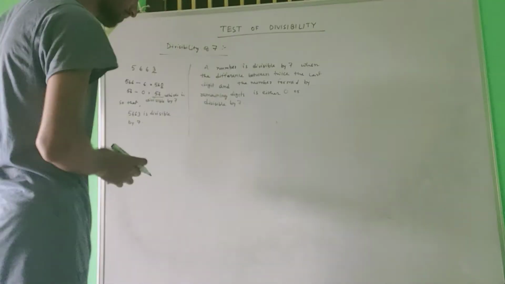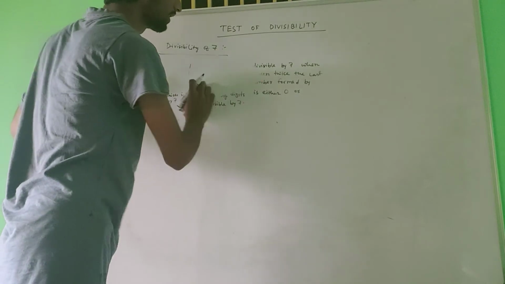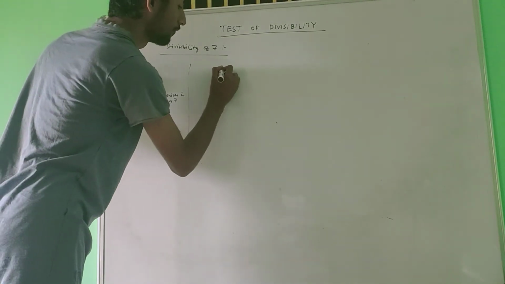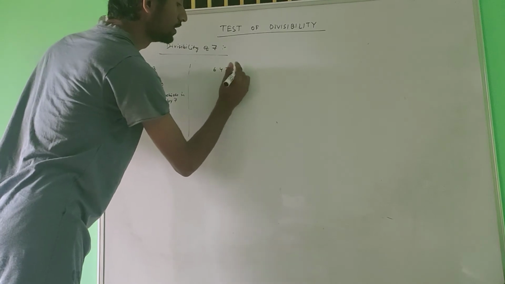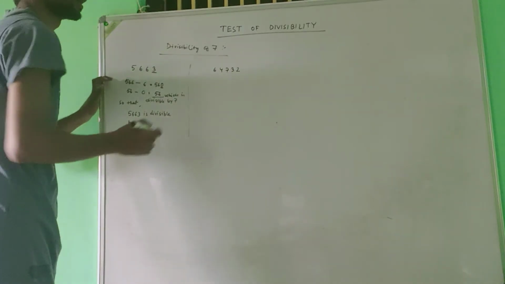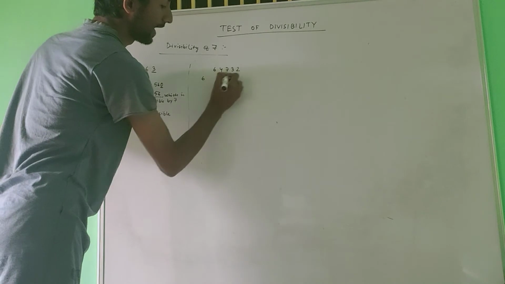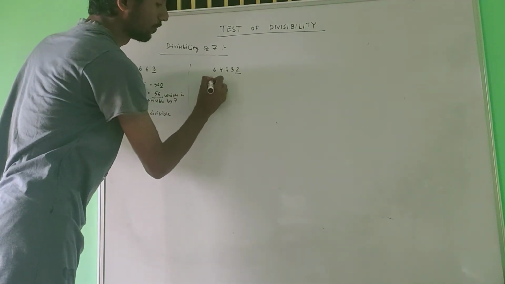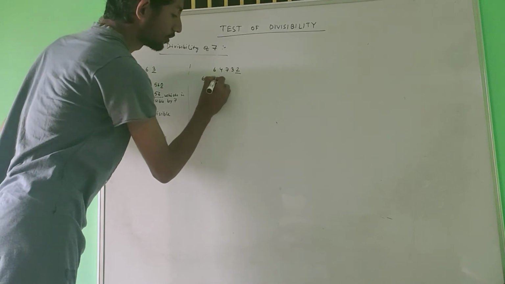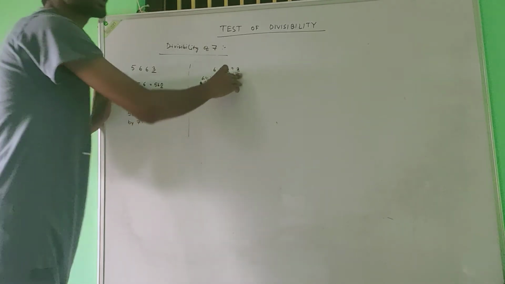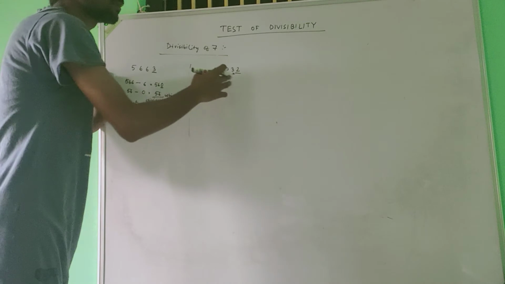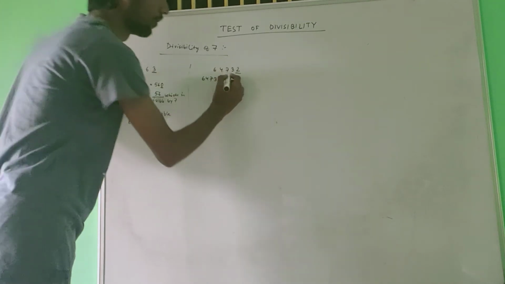As well as, if we do another kind of question, suppose we take 64732. Now first we have to write the remaining digits except the last digit. So 6473 minus twice the last digit, 2 times 2, which is 4.